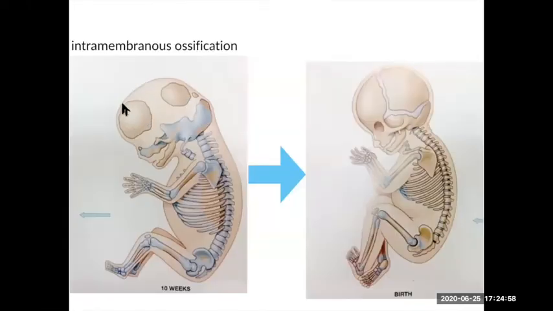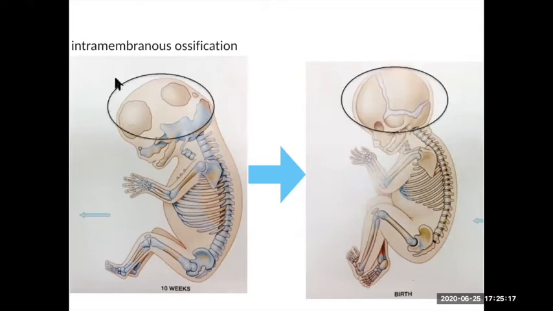That is the process happening in the head for the most part, so that these plates are going to grow out and eventually form mostly your cranial bones right there. So that's intramembranous ossification happening for the most part in your skull right here.